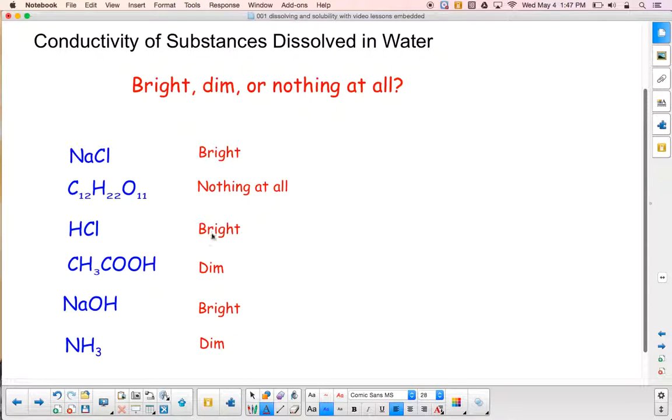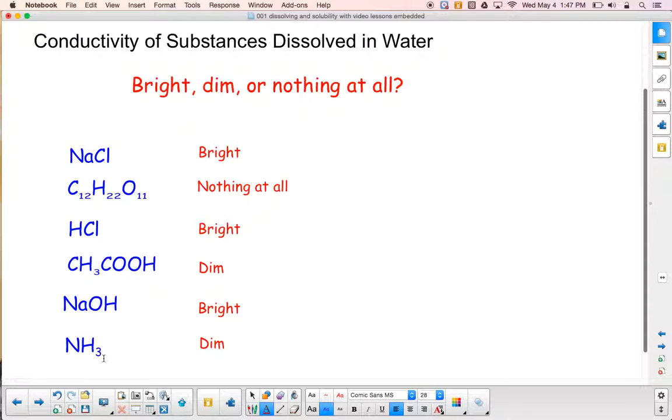The more surprising thing was that HCl, which consists of two nonmetals, lit up our light bulb very, very brightly. And CH3COOH, which is made of a whole bunch of nonmetals, in fact, the very same elements as our C12H22O11, made for a dim light, as did our NH3, another combination of two nonmetals.